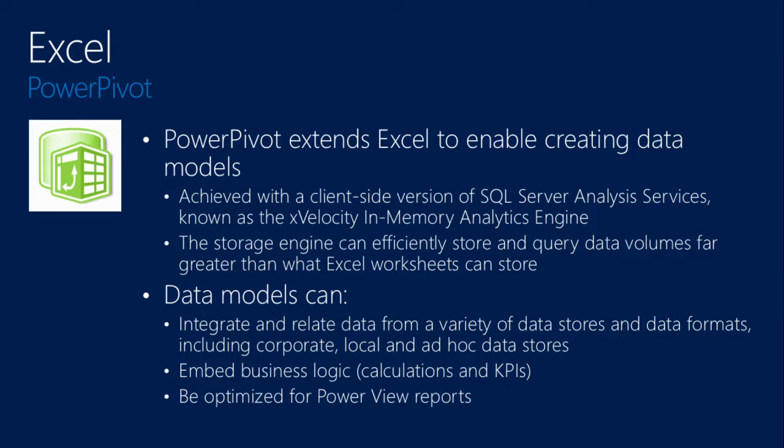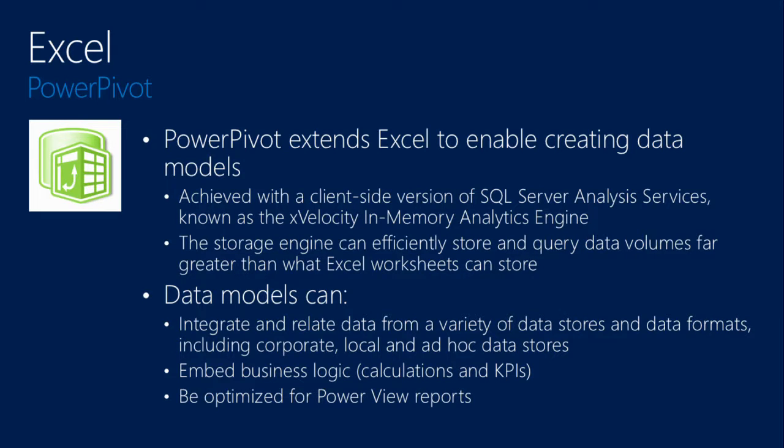And with the xVelocity in-memory analytics engine, as it's technically known, the workbook model uses the Analysis Services tabular engine in the background, so that when you load data into the model, it will read, encode, and compress to usually high degrees of compression, typically 1/10 the original size, but depending on your data, you may well find that the data reduces to 1% of the original size.